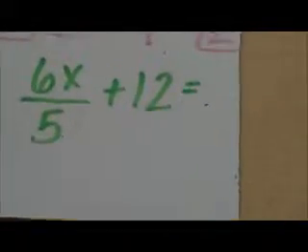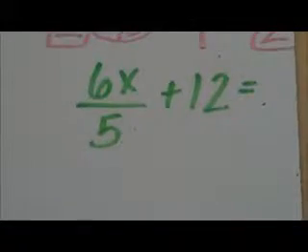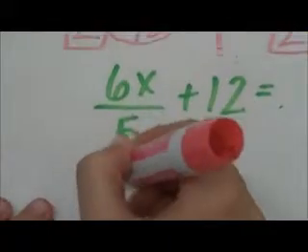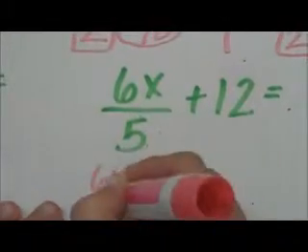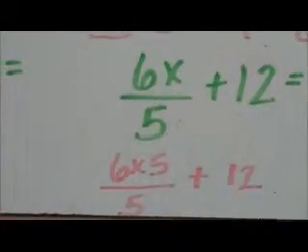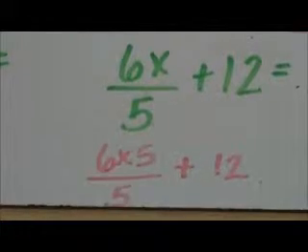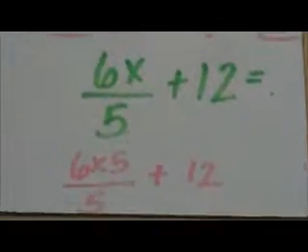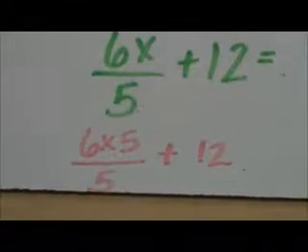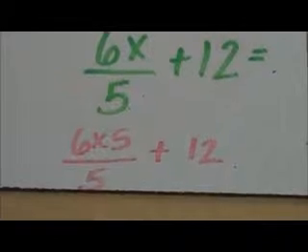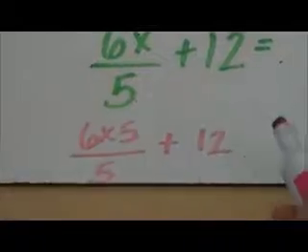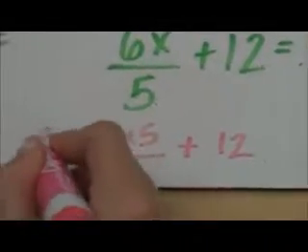And my last one, 6x divided by 5 plus 2. Again, x is still 5, so 6 times 5 divided by 5 plus 2. Okay, I have multiplication and division. Typically when you see multiplication and division, you work from left to right, so we're really just going to work from the start to the end here. 6 times 5 is 30.